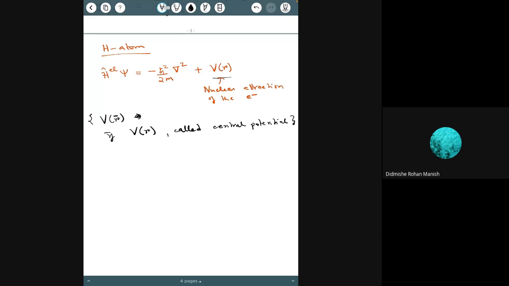Now let's continue. I'll have to write the Hamiltonian a bit more explicitly. That is minus h cross square by 2m, 1 by r square, whatever I wrote before, del r, plus 1 by r square, plus L square. Okay. I'll change the form a little bit by doing one derivative.